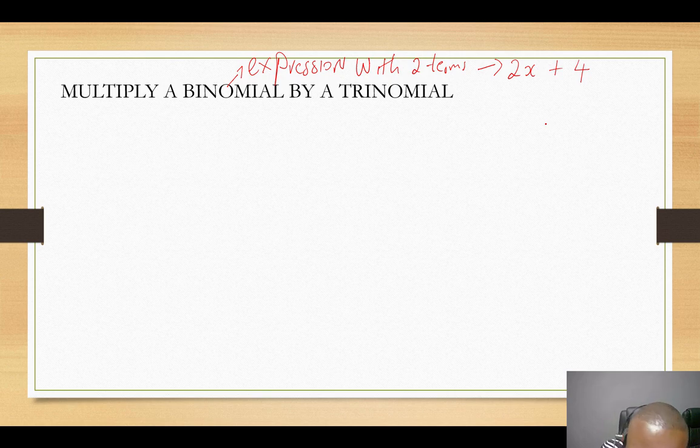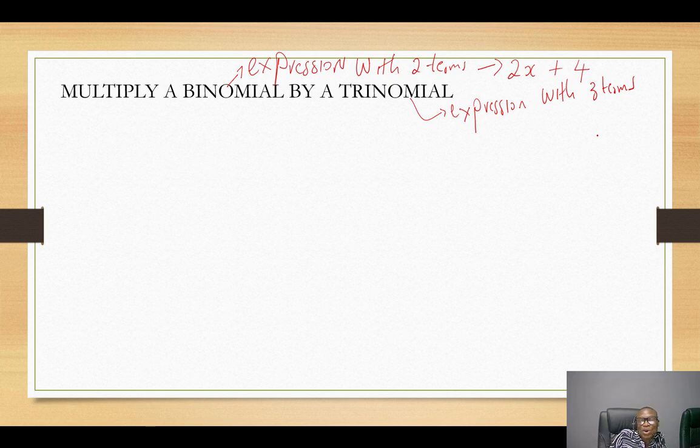What is a trinomial? A trinomial is an expression with three terms. So for sure you know that the word tri has got to do with three. Triangle meaning three angles.